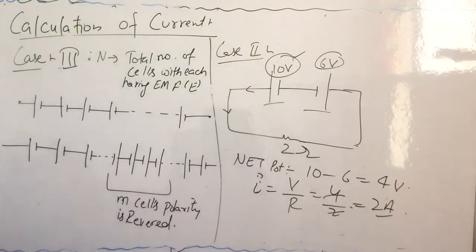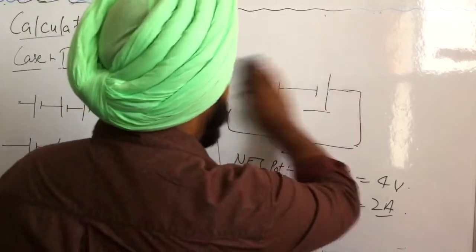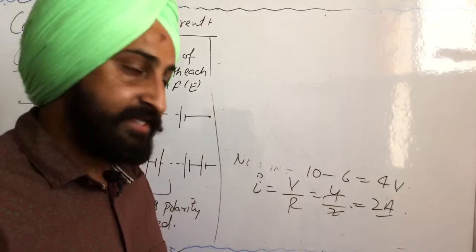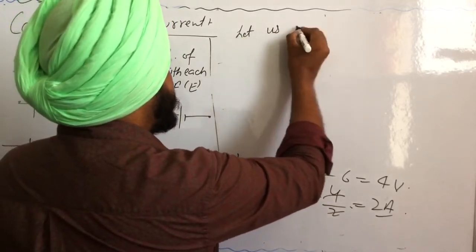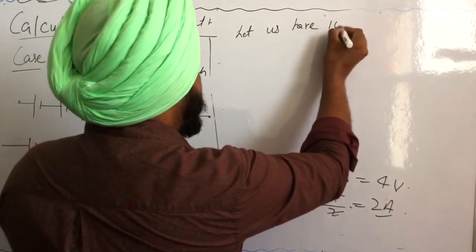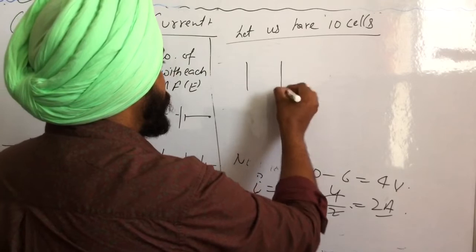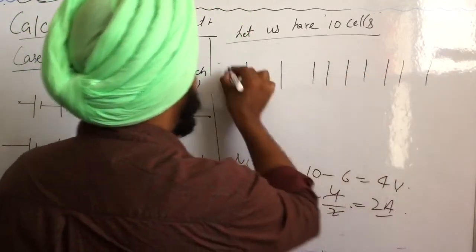To understand this, let us take an example. Let us have 10 cells, 1, 2, 3, 4, 5, 6, 7, 8, 9, 10.